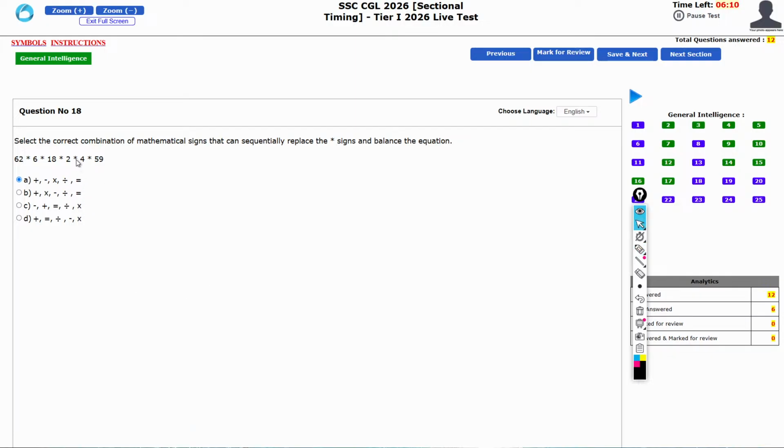The second last is equal to divide. Divide into will not work here also. Have I done any mistake?